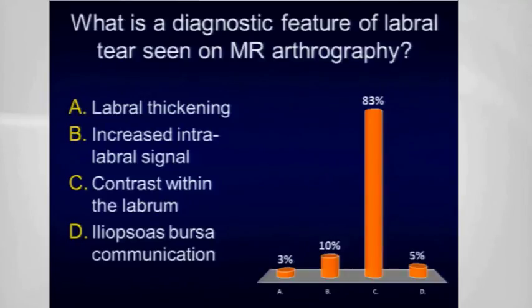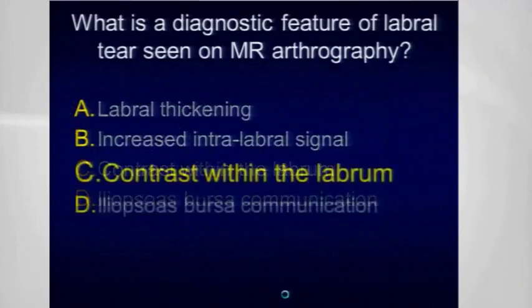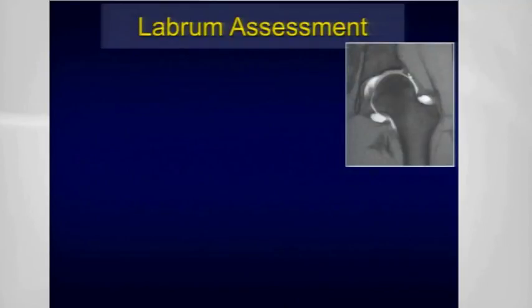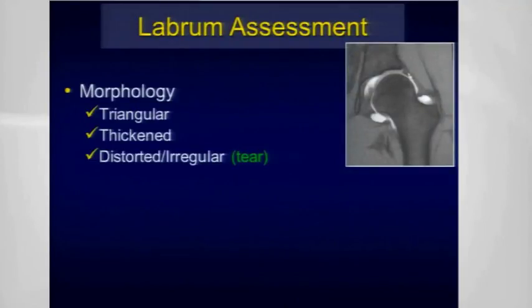All right, great. So the answer is C, contrast within the labrum. We'll go ahead and review these other entities as well. When I look at the labrum, I have a checklist of how I go through this. First off, I look at the morphology. Is the labrum triangular in shape? Is it thickened?